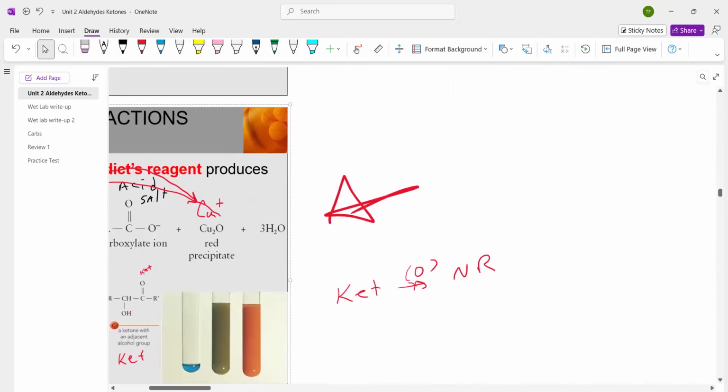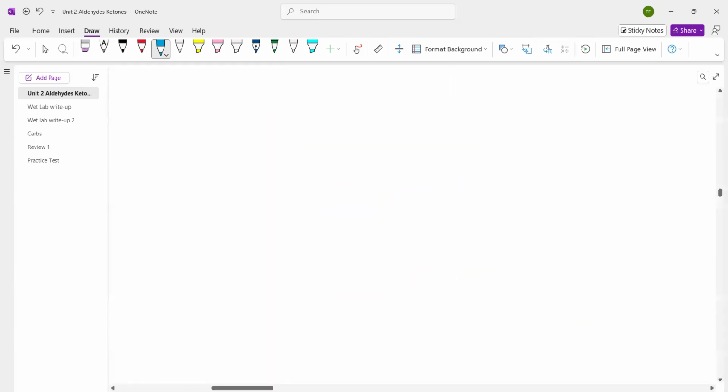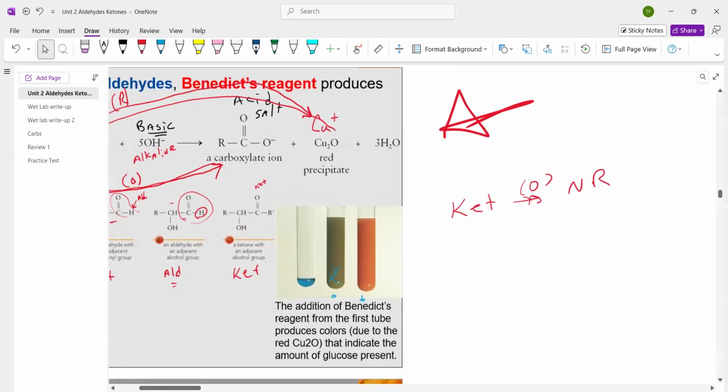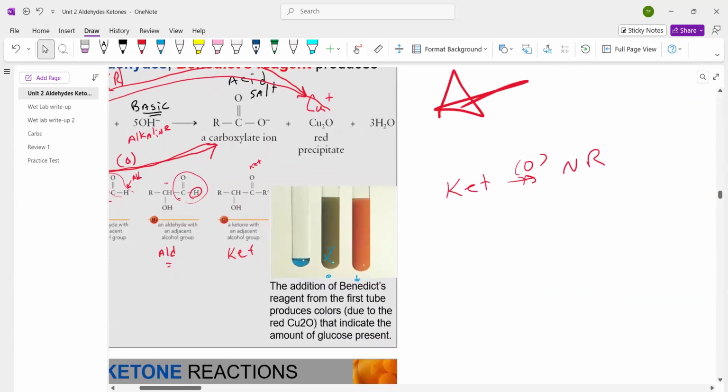So this is one of the tests you're going to use to test for whether there's a ketone or not. Ketones, as you know, cannot be oxidized. Aldehydes can. So this reaction will go to either this color or this color, depending on how strong the aldehyde concentration is.